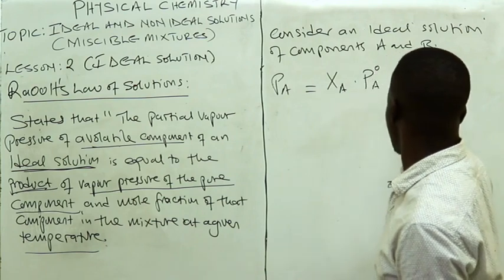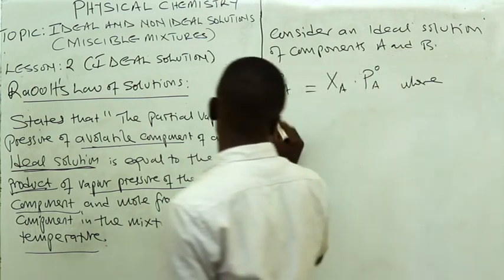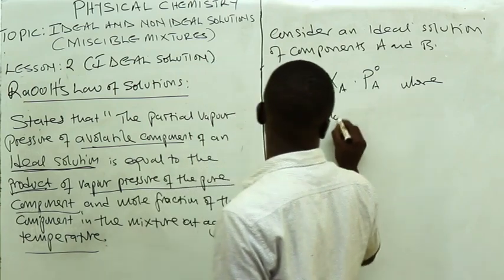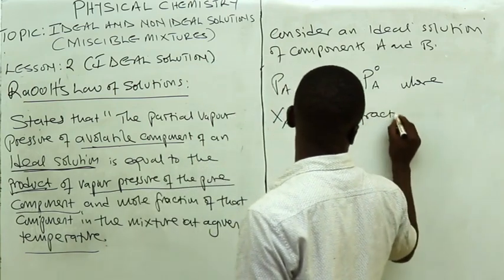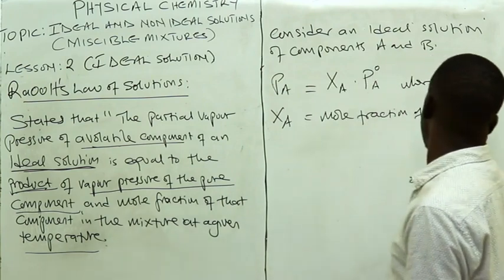So we are saying where XA is going to be the mole fraction of A in the mixture.